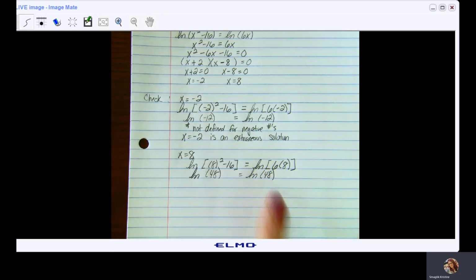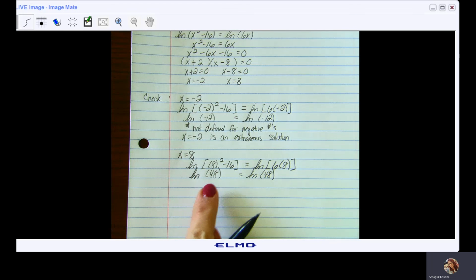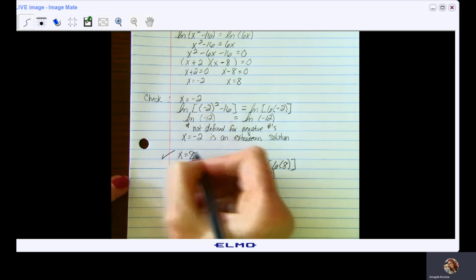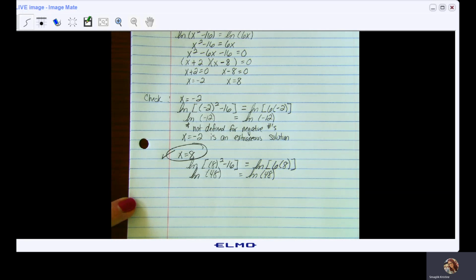Okay, and this is positive, we're all good. So this, we can say, is a valid statement. So therefore, x equals 8 is our solution.